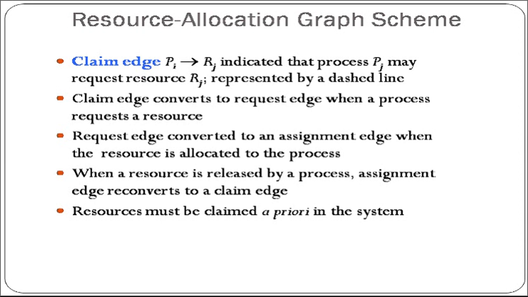The claim edge can be converted to a request edge whenever the process requests a resource. The request edge is converted into an assignment edge when the resource is allocated to the process. When a resource is released by the process, the assignment edge is converted back into a claim edge. Now, resources must be claimed prior in the system.